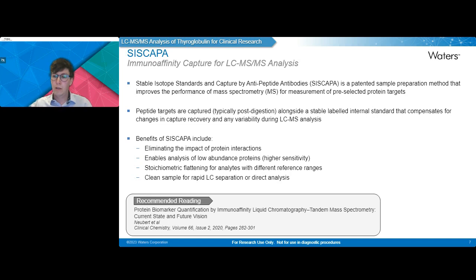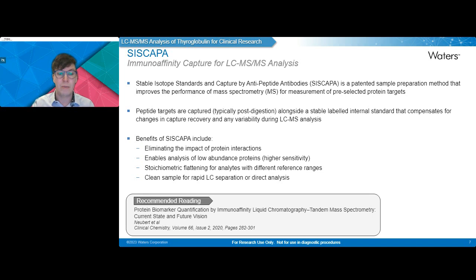So effectively, you reduce the recovery of a really highly abundant analyte in comparison to something that's fairly low abundant, where you want to improve the sensitivity. And in essence, the preparation does help with cleaning up the sample. It enables you to perform a rapid LC separation or even a direct analysis.